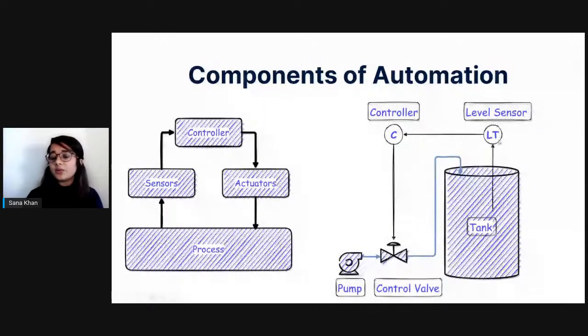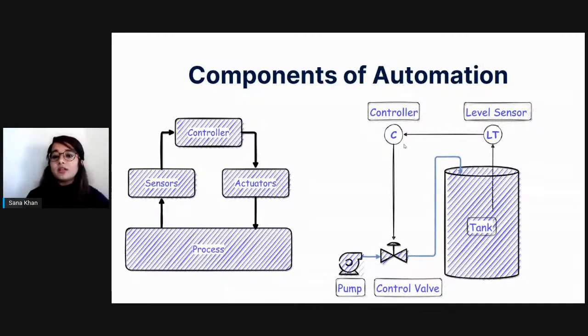Now, this level sensor will continuously monitor the level of water in the tank. It will go to the controller. Inside the controller, I have programmed it using one of the programming languages. Depending upon the controller, I'm using the type of programming platform that I am using. So I will put a set point in my controller that this is the level I want it to be filled. And the controller will continuously monitor whether it has come to that same level or not.